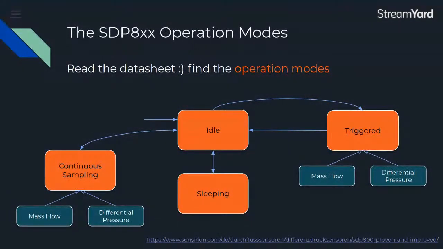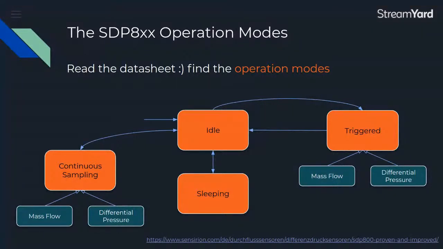This is not generally applicable advice, but usually, for such sensors, there are operation modes, something like idle and sleeping, as you can see here. Sometimes there's armed and disarmed, things like that. In my case, the sensor has just an idle state, which is the default state, and it can go to sleep to save some power.